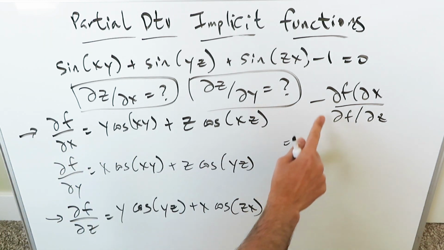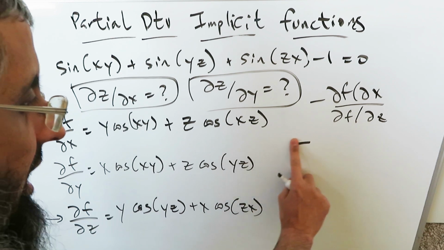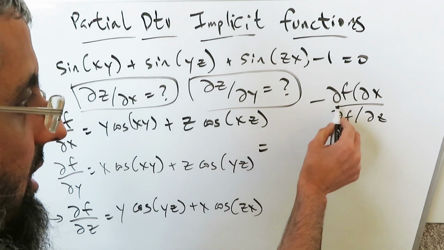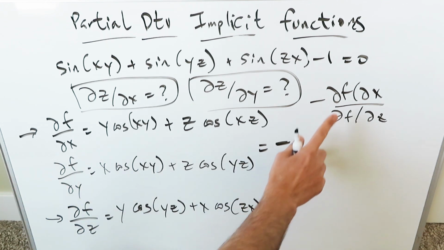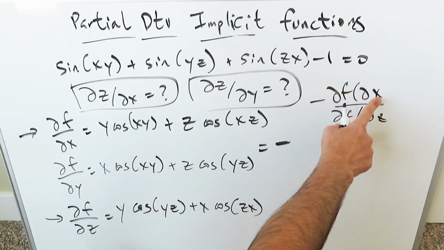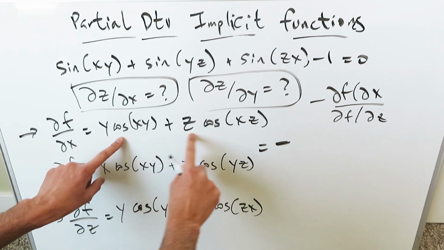I'll run those through. I have a minus, but again we don't have a specific point, so we're developing here tangent line functions. You would actually put in your points to get the numerical value, but we don't have that, so we're looking only at functions. Let me move this here for a little better space. When I'm looking at this representation right here, what's my end result? I have my partial derivative function with respect to x over my partial derivative function with respect to z. I have this item here on the top.